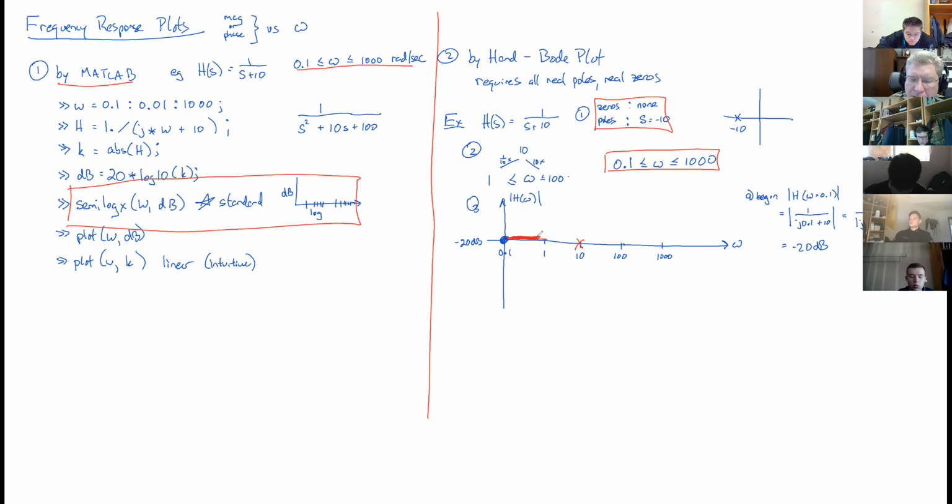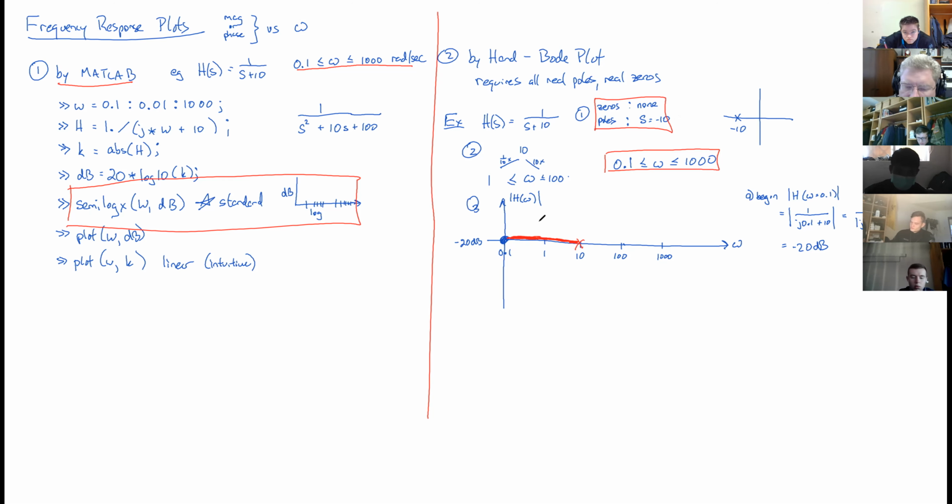And when you write your Bode plot, you're going to go straight across until you hit that point. And if that point is a pole, you're going to go down. And if that point is a 0, you're going to go up. And how fast you're going to go up or down is 20 dB per decade.